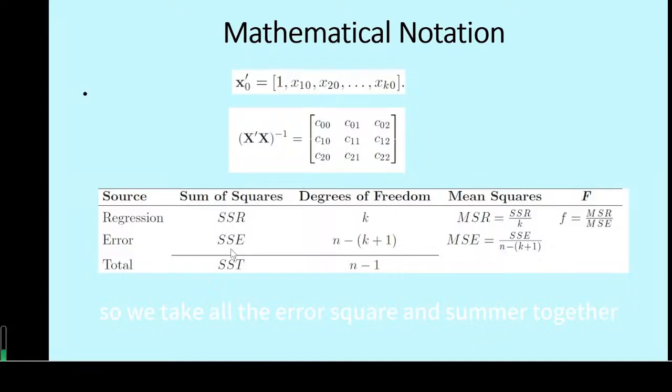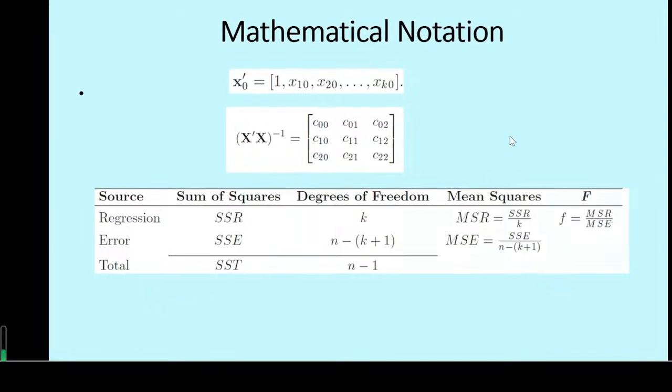So we take all the errors squared and sum together. This is SSE. Then SSE divided by its degrees of freedom, n minus k minus 1. So this item is called S square. So S square is SSE divided by n minus k minus 1. So this S square is also called MSE.